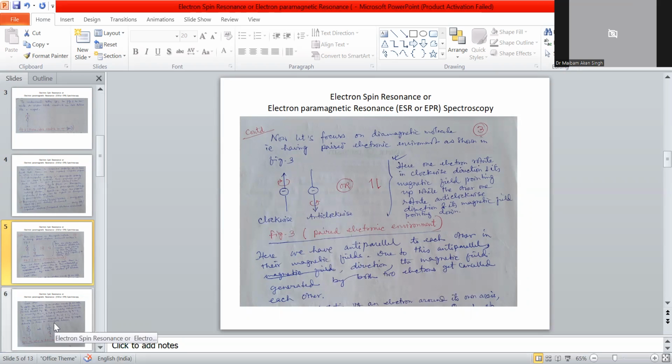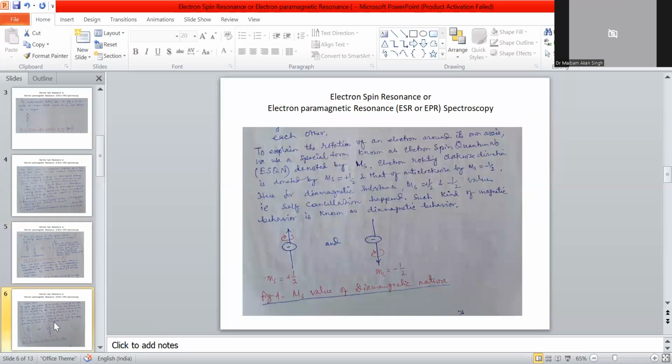Now, to explain the rotation of an electron around its own axis, we use a special term known as the electron spin quantum number, denoted by ms. An electron rotating clockwise is denoted by an ms value of plus half, and anti-clockwise by an ms value of minus half.